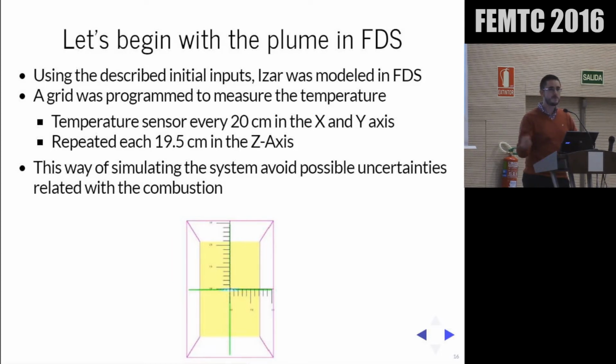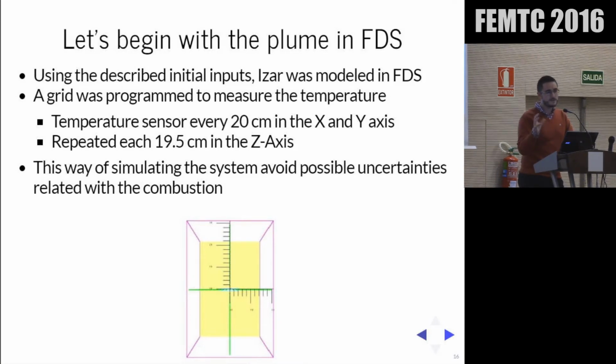Remember that my aim was not to burn the room, and it was really important for me to know which temperatures I could expect at the very beginning when the plume is directly against the ceiling, in order to avoid any damage there. That's the good point of working with a computer model like FDS: you can ask for as many measurements as you want, and they are free. You don't need to pay for lab hours or equipment.